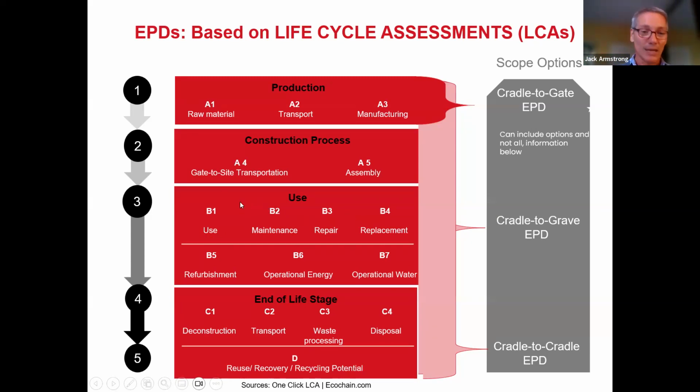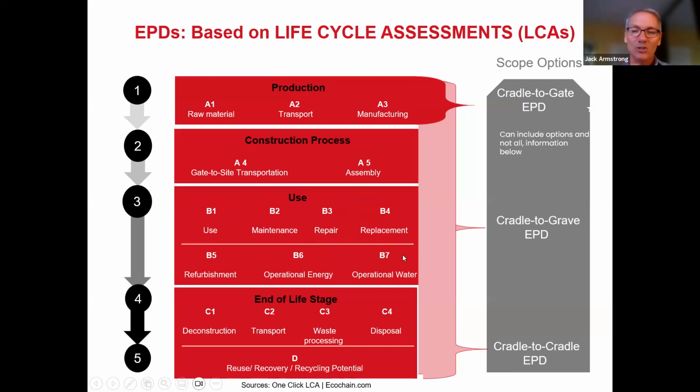So for example, if we're thinking about carpeting, you'd be using the carpeting in the building, you'd be maintaining it, occasionally shampooing it, you might have to change it every so often and replace it, refurbishment. And then B6 is operational energy, paying the light bill, paying the gas bill for heating and cooling the building. And then B7 is operational water going into the building.